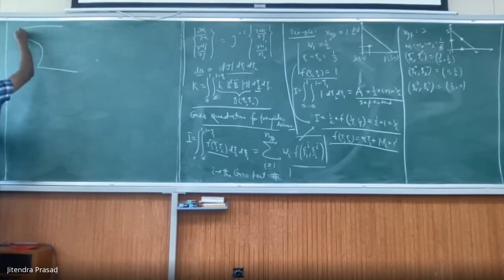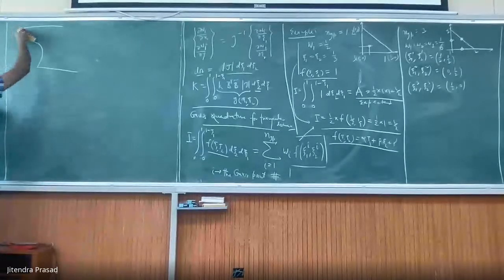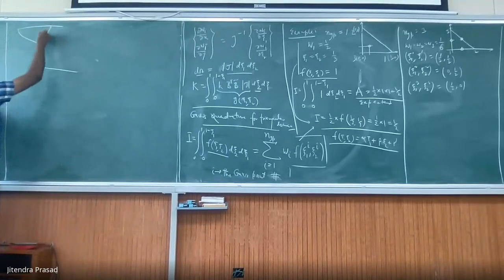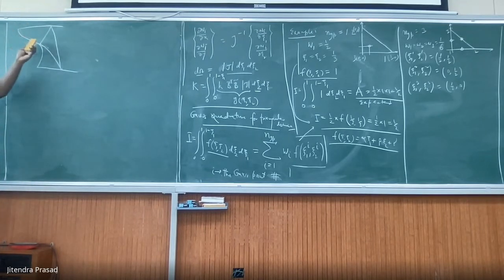The other way is you should have the element itself, which will be something like this, like you have three elements. What you see is the edges are curved.